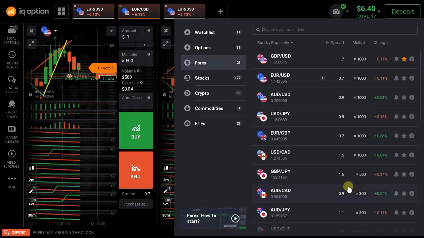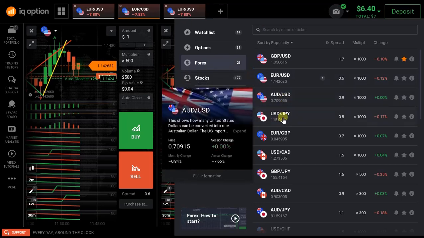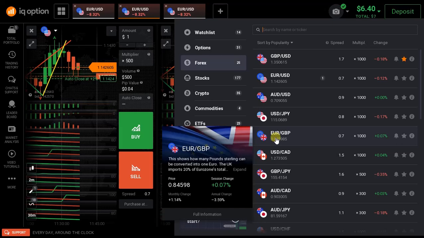So I would recommend on IQ Option, if you are to deal in forex, you should at least deal in Euro USD and/or AUD USD, USD JPY and EUR GBP. These are, I think, the major four.